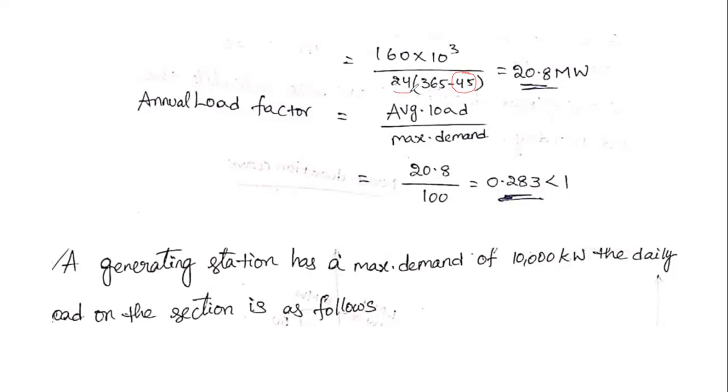How many hours are there in a day? That is 24 hours. Therefore 160 into 10 cube by 24 into 365 minus 45, and we obtain 20.8 megawatts. This is the average load per annum.